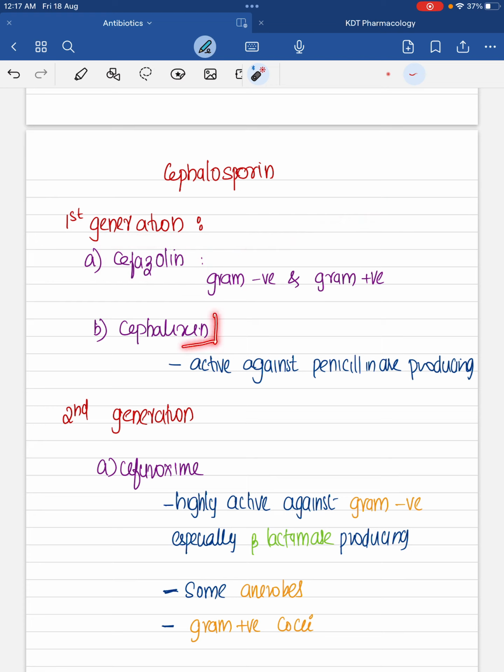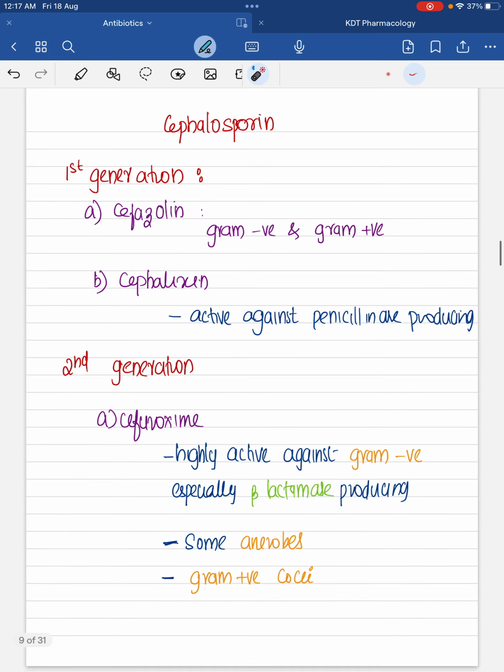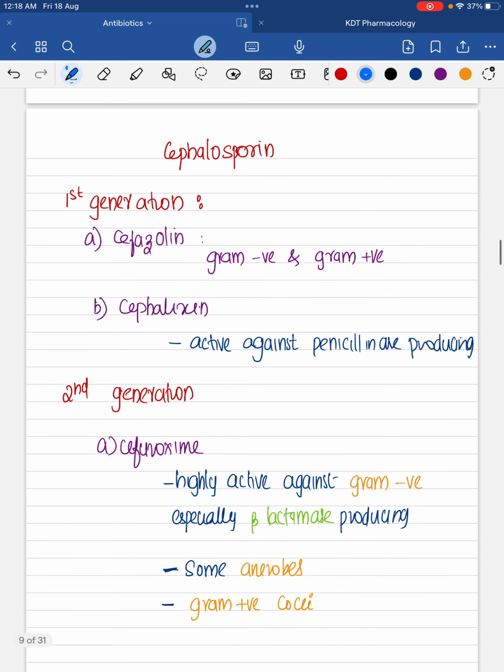We have one important thing in first generation, cephalexin. They are active against penicillinase producing organisms, and I would like you to rewind what I taught you previously. What is the common organism producing penicillinase? Staphylococcus.